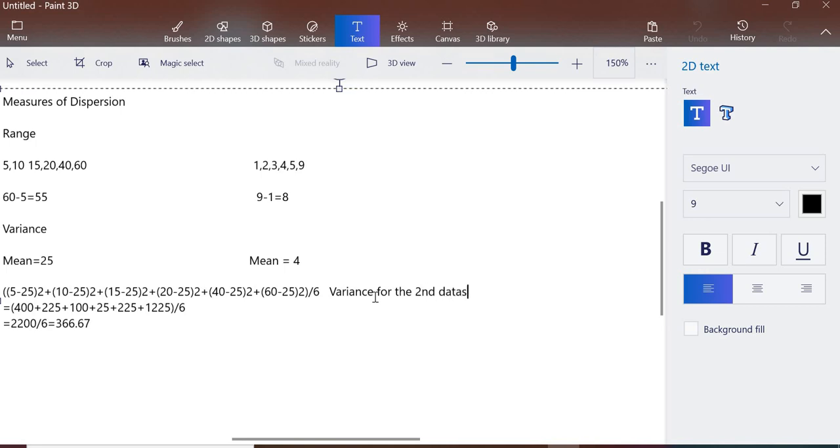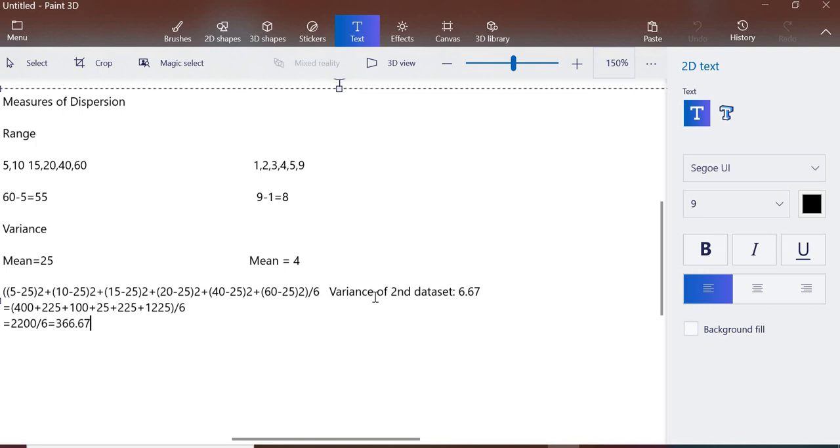Similarly, the variance for the second data set, again I'm skipping the calculation part, is 6.67. So by the looks of it, we can say that the first data set is more dispersed than the second data set.